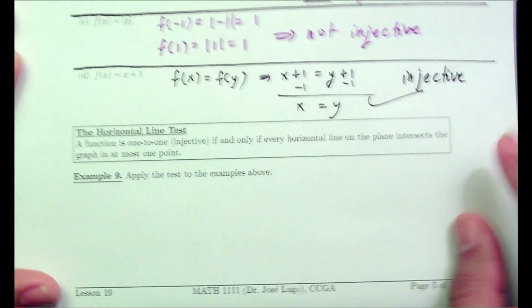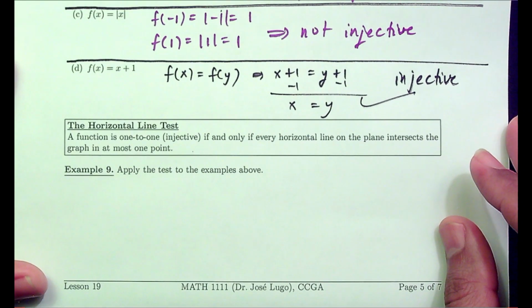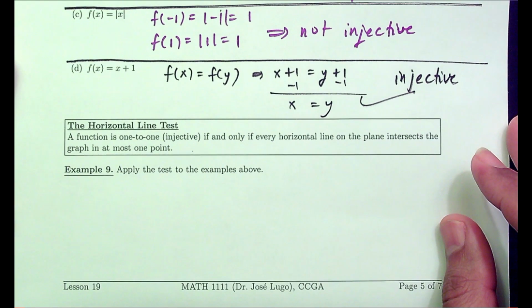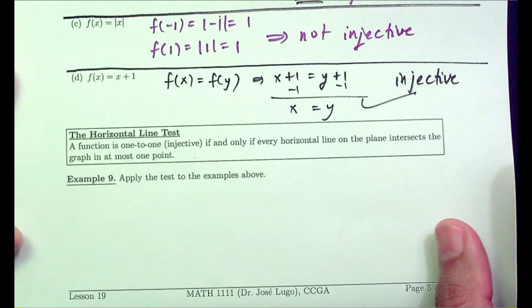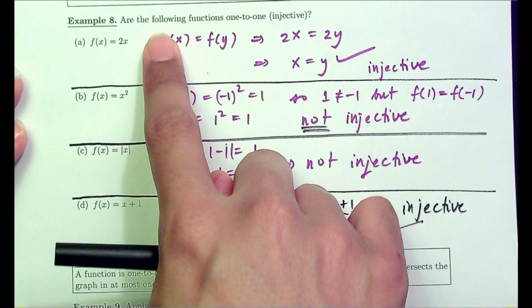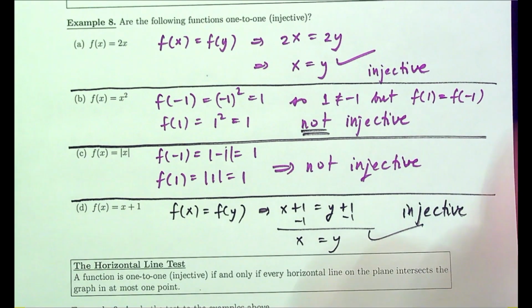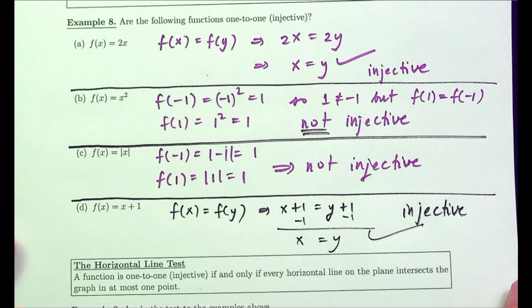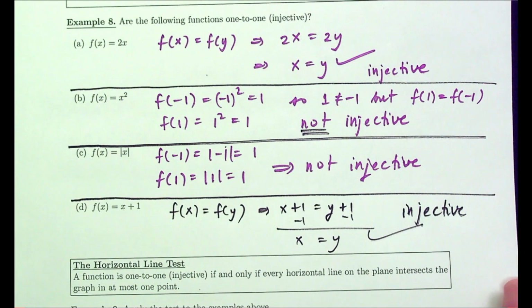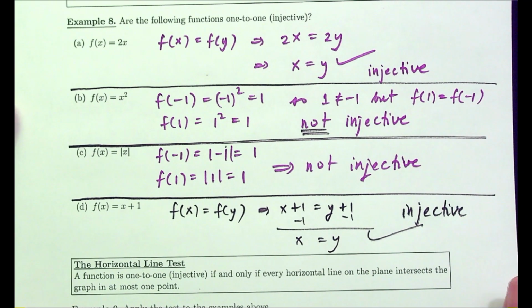So that's how you can visually figure out real quick, just by looking at the graph, if a function is injective or not. And it turns out we could have figured out all of these examples in like 3 seconds if we can think of what the graphs of these things are, which is a way at least I want you to know how to do these problems for the most part.